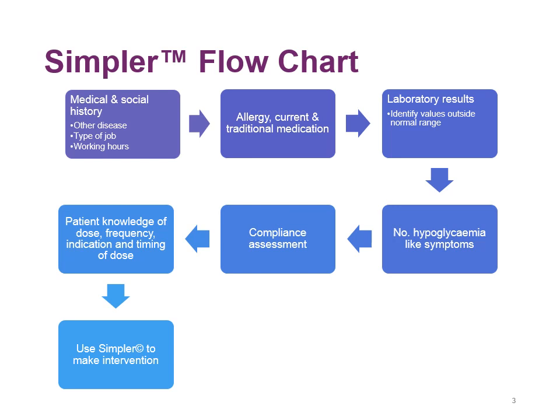And then we go through the allergy, the current or traditional medications. The laboratory results is next, and then ask about the hypoglycemia-like symptoms. The compliance assessment, for example, using an adherence tool, the patient's knowledge of the dose, frequency, indication, and timing of the dose, and using the Simpler tool then to make an intervention.